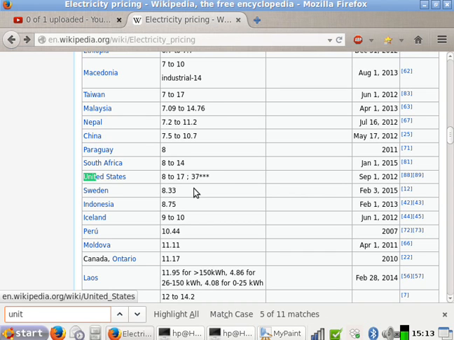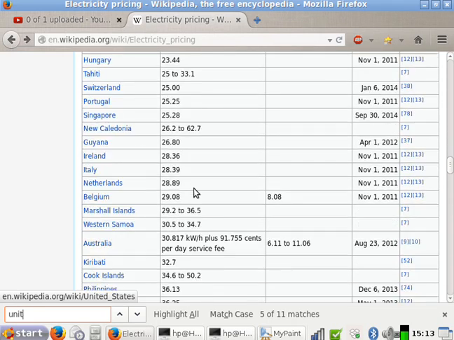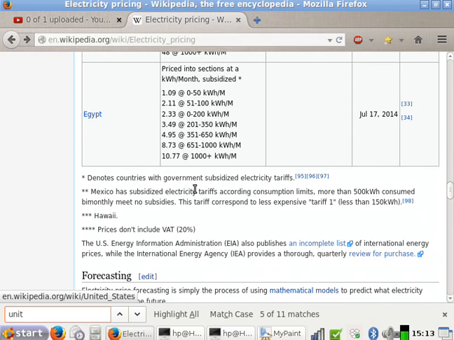I have a feeling that might be like Hawaii or some place like this. 37. Let's have a look. Right, Hawaii. Yeah, because Hawaii's an island. Most things are more expensive in Hawaii in America because it's an island. Hawaii is a nice place. It is a nice place, yeah. But I think it's more expensive.